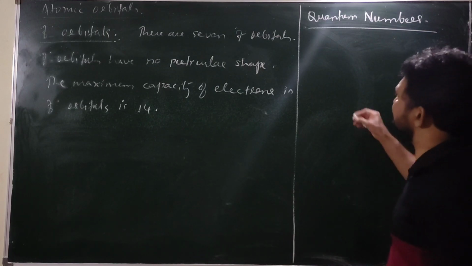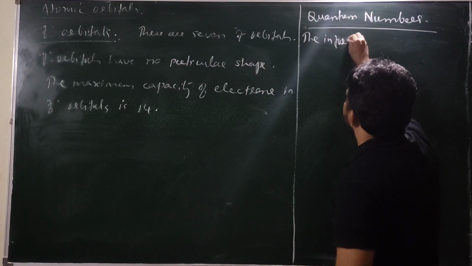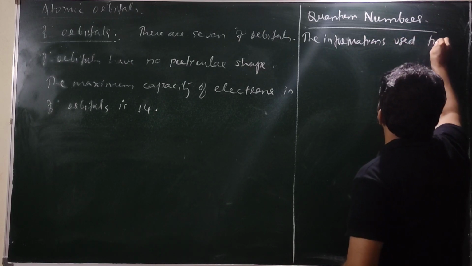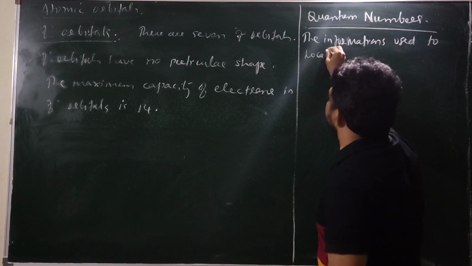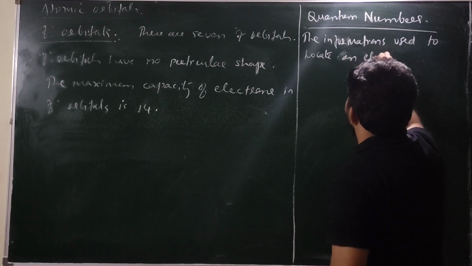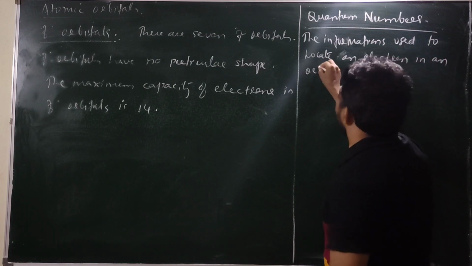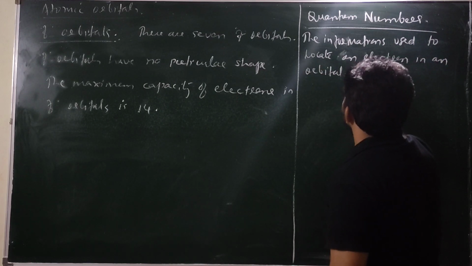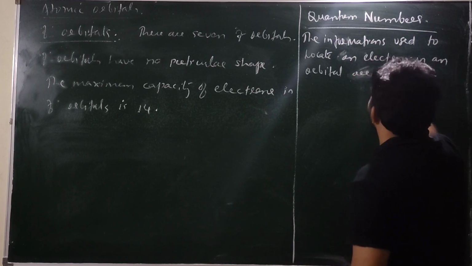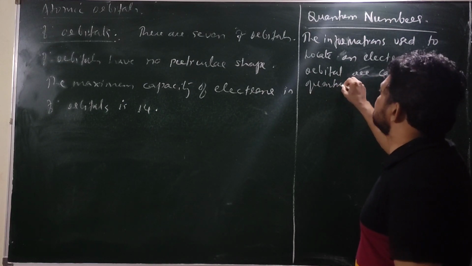Simply, it is something like this: the information used to locate an electron in an orbital is called quantum numbers.